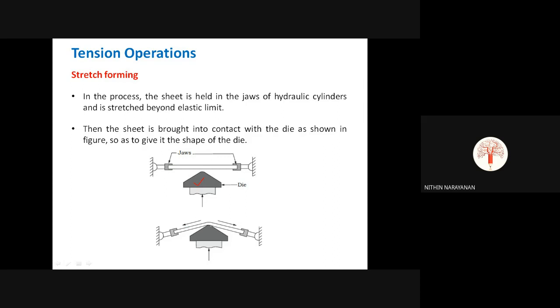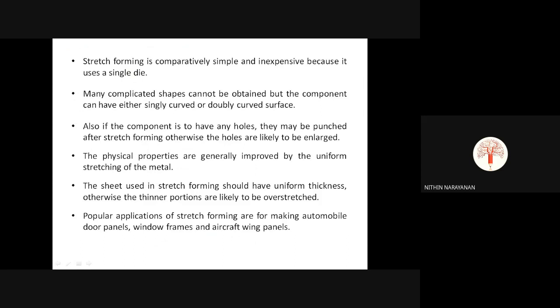So after stretching, we can bring it to the form of the die. Stretch forming is comparatively simple and inexpensive because it uses a single die. In other operations we use a pair, the die and the punch, but in stretch forming only one die is used, so it is inexpensive.